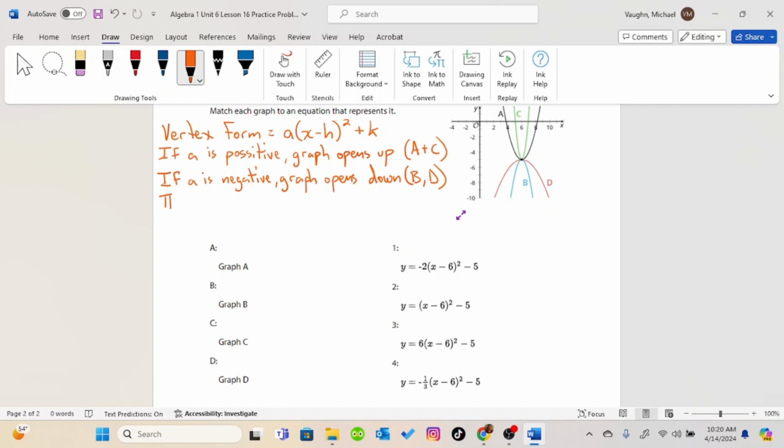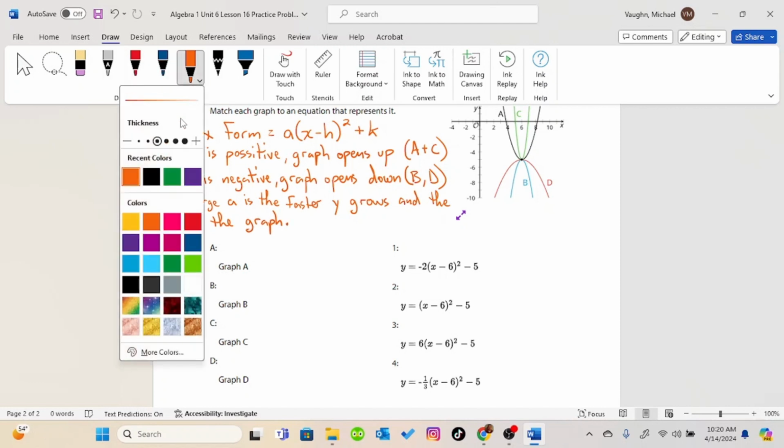We also need to understand the larger a is, the faster y grows, and the steeper the graph.